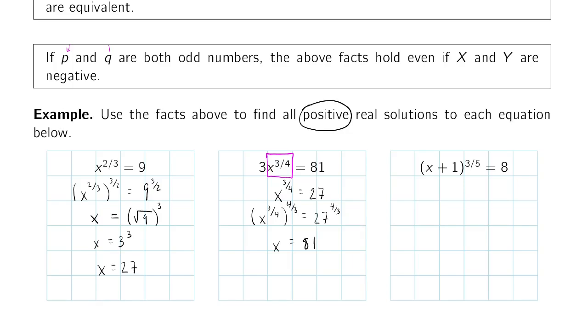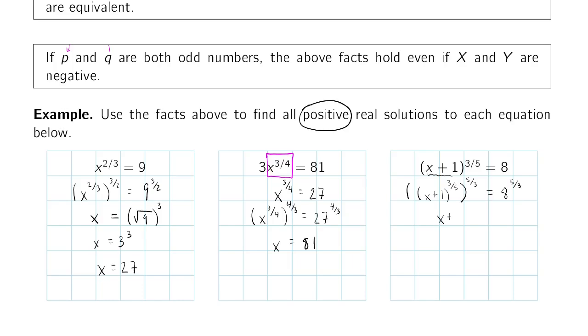Notice all positive numbers. Third equation, I have x plus 1 in parentheses, all to the 3/5 equals 8. My 3/5 power is isolated. There's complicated stuff happening inside here, but I need to eliminate that 3/5 power before I can deal with it. So I'll say x plus 1 to the 3/5 power, all raised to the 5/3 power, equals 8 to the 5/3 power.